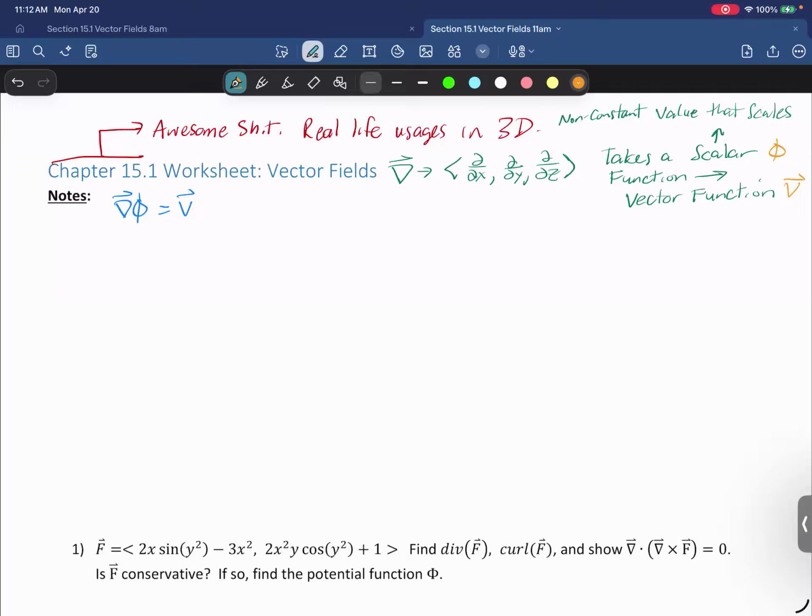So if we have some vector field F that is a conservative vector field, this is pulling a little bit from 15.2, which is motivation for a lot of the stuff we're doing in this chapter.